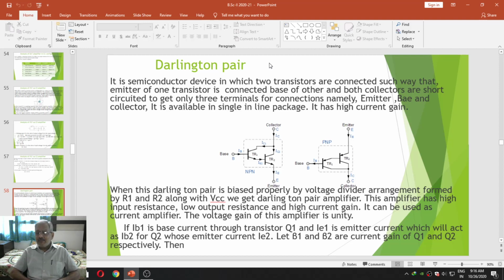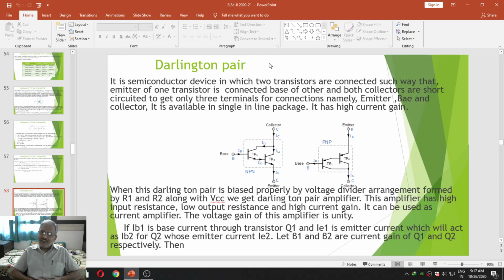Thus, by connecting the emitter of one transistor to the base of the other transistor and the collector of one transistor to the collector of the other transistor, only three terminals are brought out for the connection, and those terminals are again named collector, emitter and base, and it is made available in a single package. Actually it exists as a pair, but it is made available in a single package with only three terminals.